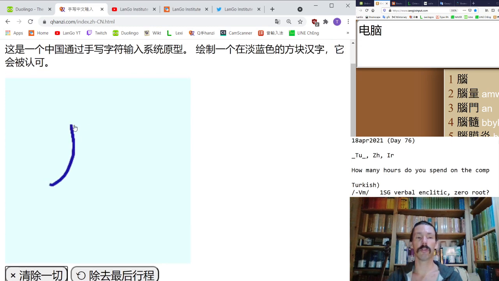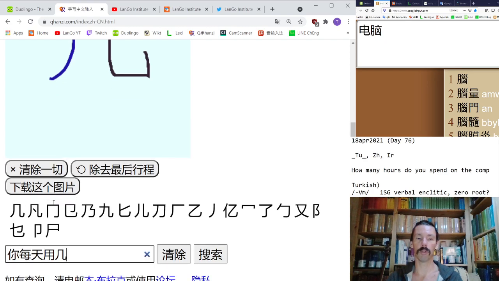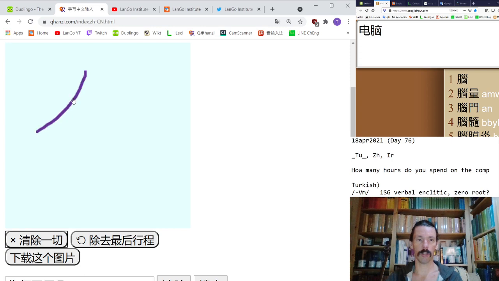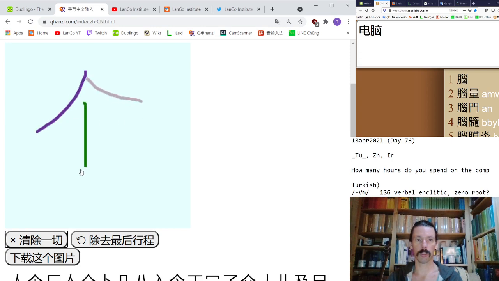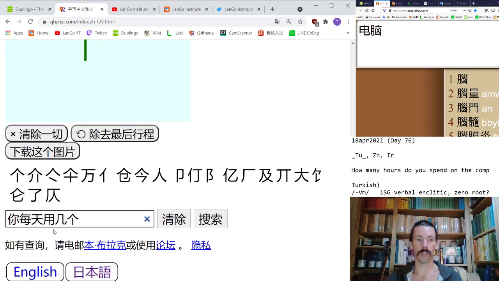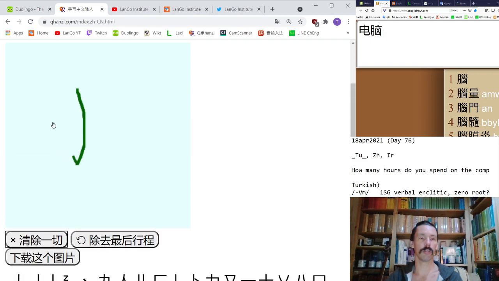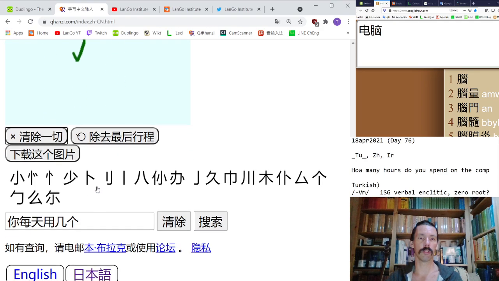几. So the simplified for how many is HN, this shape, the table. 几个. This would be OL. 几个小. So small, 时 are hours.